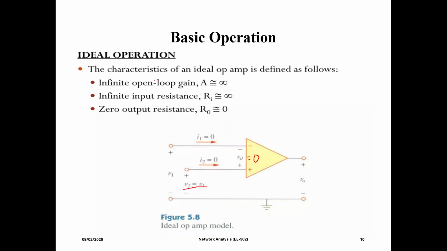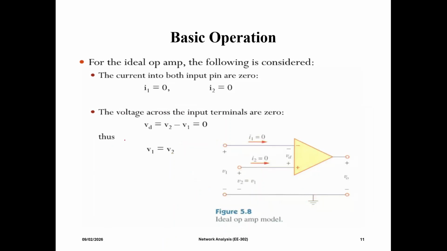Okay. So now let's restate the rules of the ideal operational amplifier. Okay, that is I1 equal to 0 and I2 equal to 0.